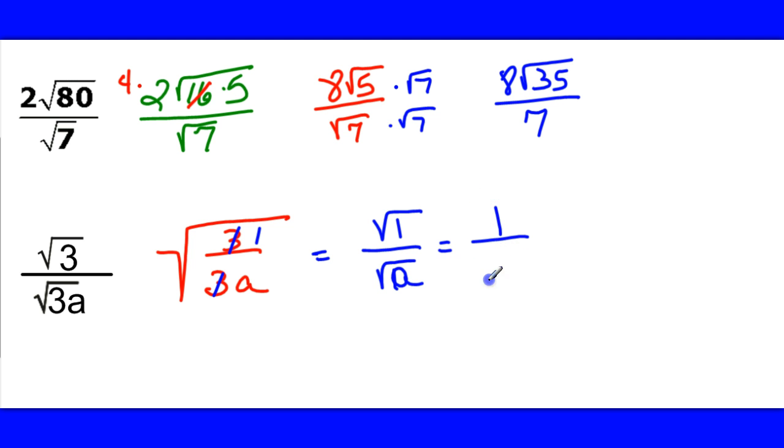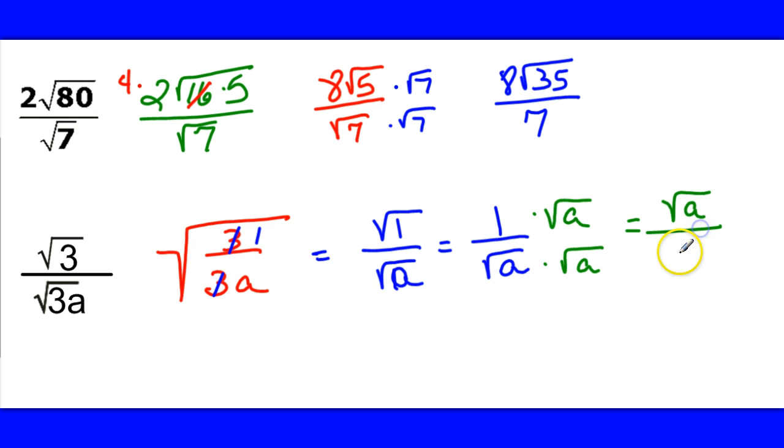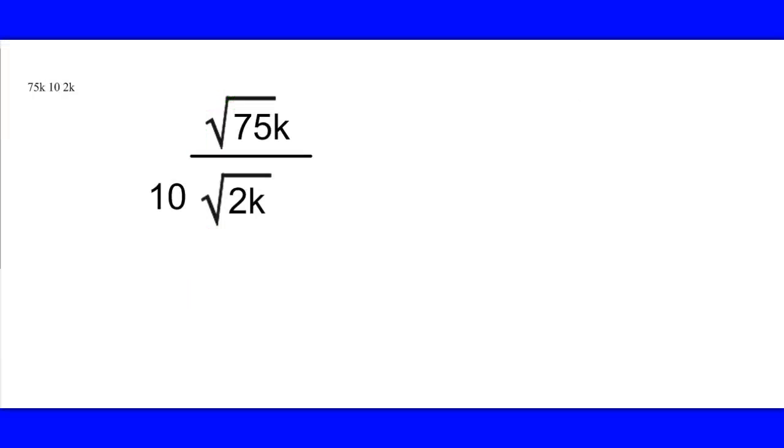It's 1 over radical a, and that makes this a lot easier. I'm going to multiply the bottom by a radical a, the top by a radical a, and that's going to give me 1 radical a over a. Now please do not cancel these out because the a on the bottom is outside of the radical sign, the a on the top is inside the radical sign.